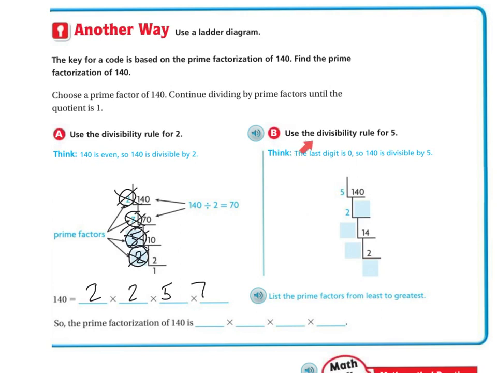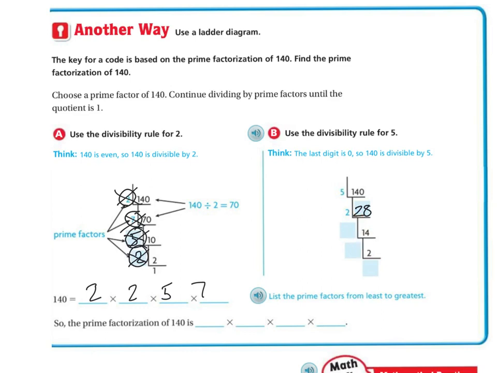So if I use the divisibility rule for 5, we're going to think the last digit is 0, so 140 is going to be divisible by 5, because anything that ends in a 0 is always divisible by 5. Okay, so 5 goes into 140 28 times, so I'm going to put my 28 here. 2 goes into 28 14 times.